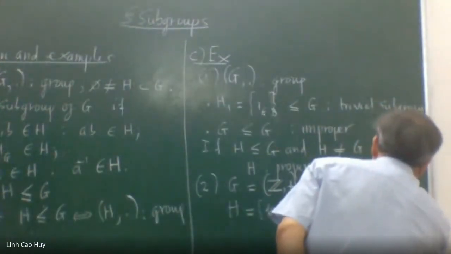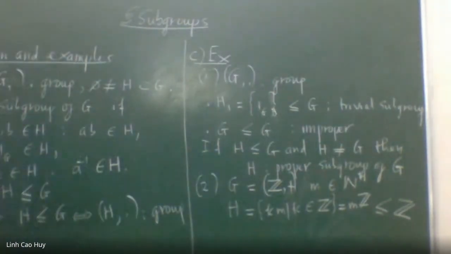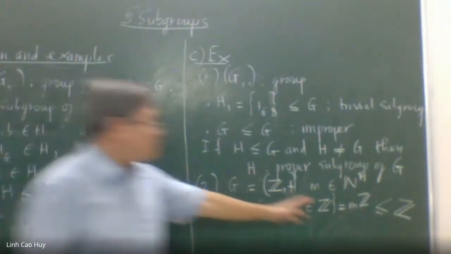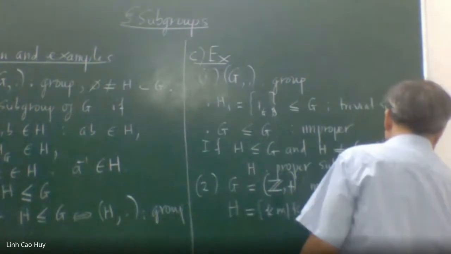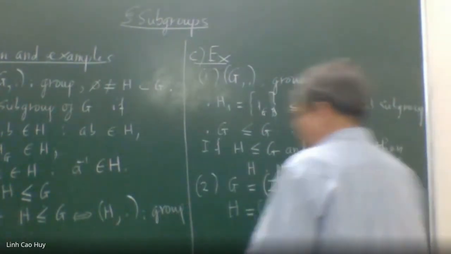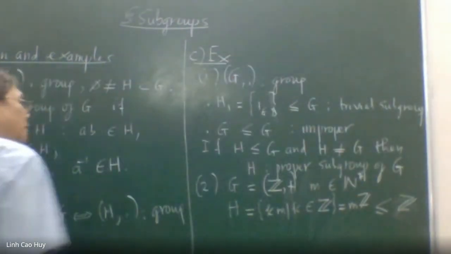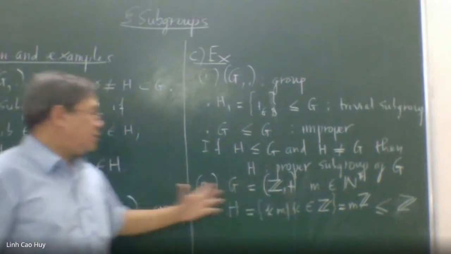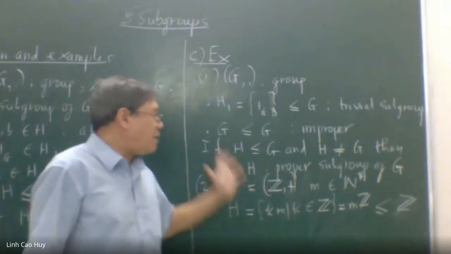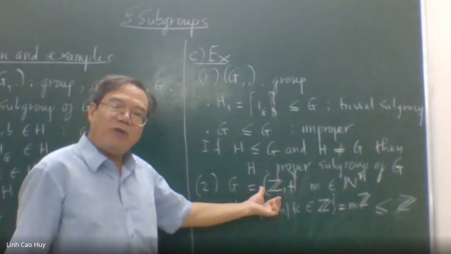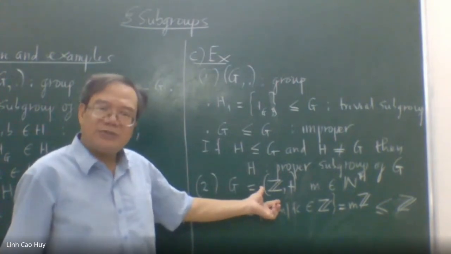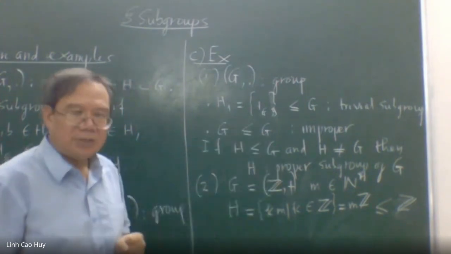MZ is a subgroup of Z, okay? When we say the group of integer numbers, that means the additive group.